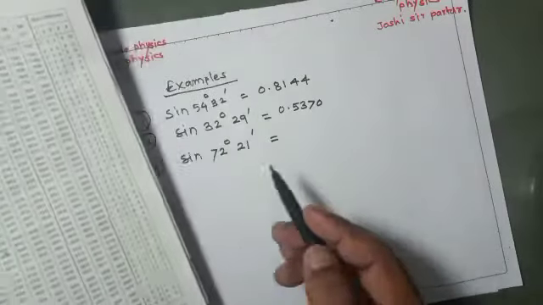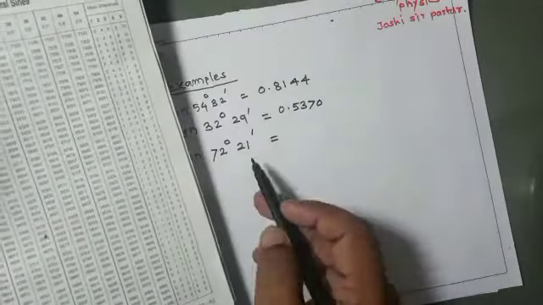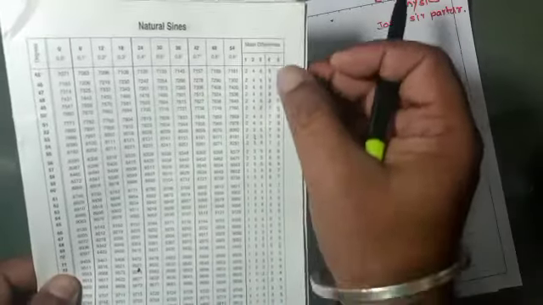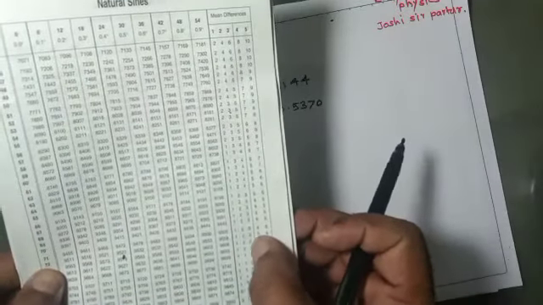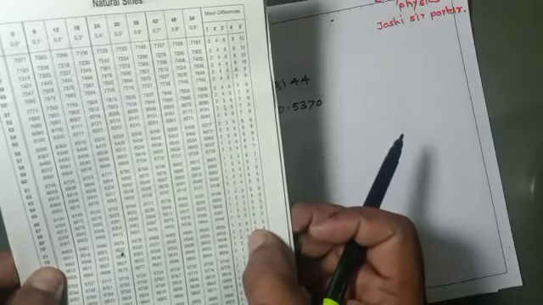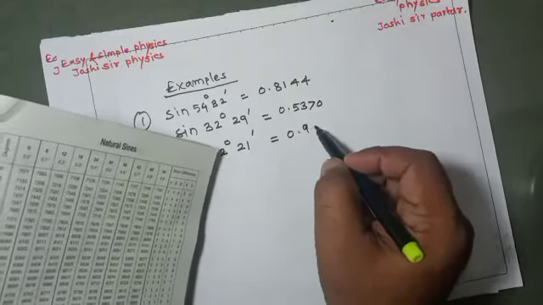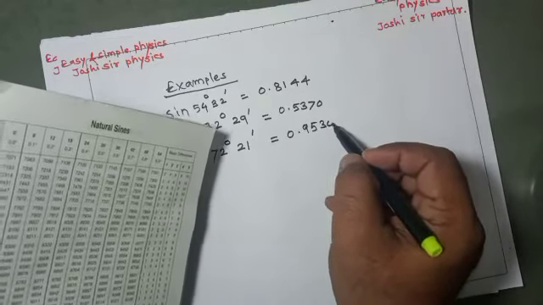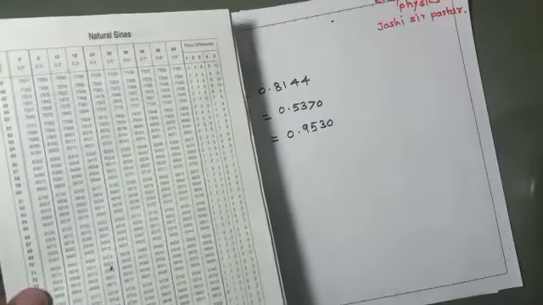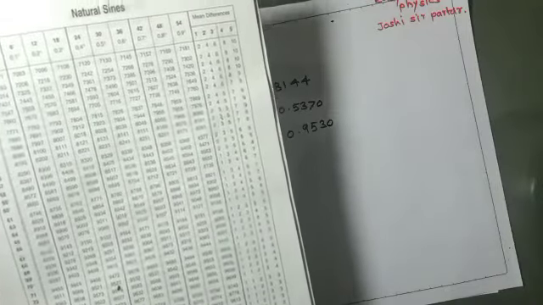And the 3 minutes of mean difference, here 3 is there. 3 can be added. So your answer will be 0.9530. So similarly, we can find out the natural sines.